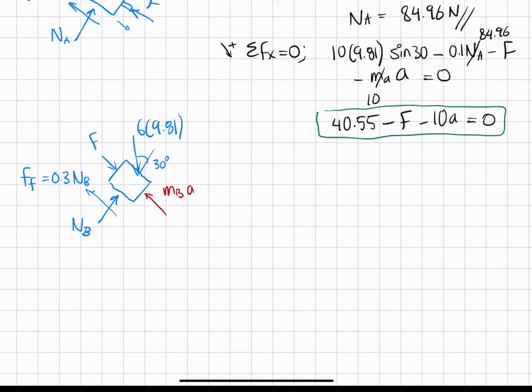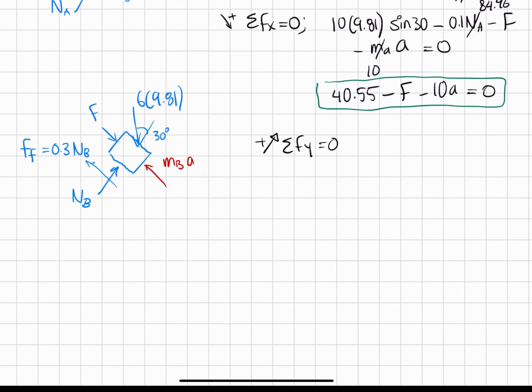Let's do the sum of forces again. We have the sum of forces in this direction, which is normal to the surface. Fy is equal to 0. So what I have is NB minus 9.81, that's the W, in the direction vertical to the surface, cosine 30, is equal to 0.